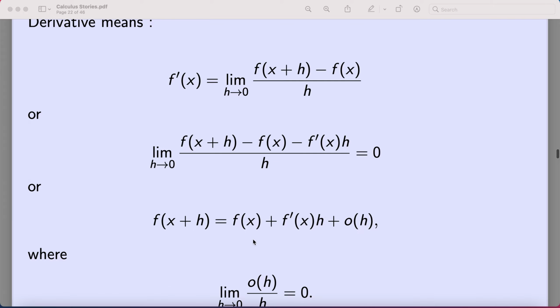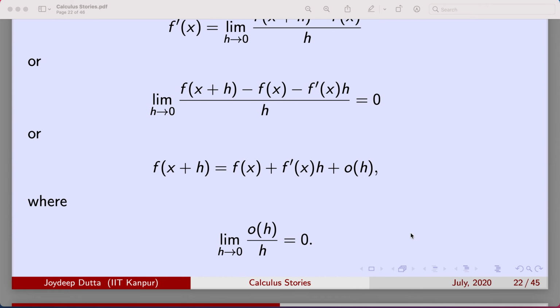Even if you have learned your engineering from your engineering courses, you might not have seen this kind of writing. But this is a very interesting writing and helps you to do a lot of things. For example, this can actually be taken as a definition of derivative, and this can intuitively lead you to make definitions of derivatives in higher dimensions. Okay, this is the expression we have now got from what we already had known.